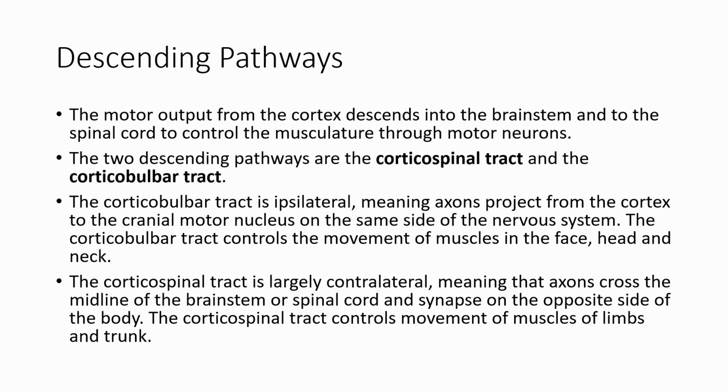If the axons are coming from the left, it's going to control the right. If the axons are coming from the right, it's going to control the left side of the body. And we saw that same pattern with the sensory information from last video when looking at the body. So we have the same kind of setup, left controlling right and right controlling left, with anything coming up through the spinal cord, and anything that has a direct connection to the brain is going to be right side right, left side left.